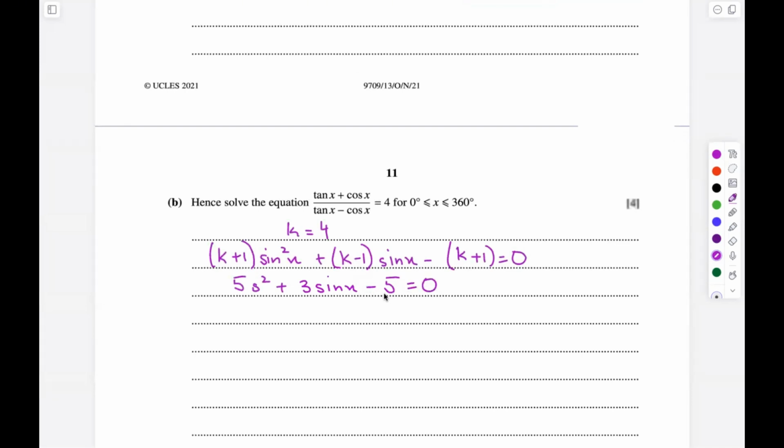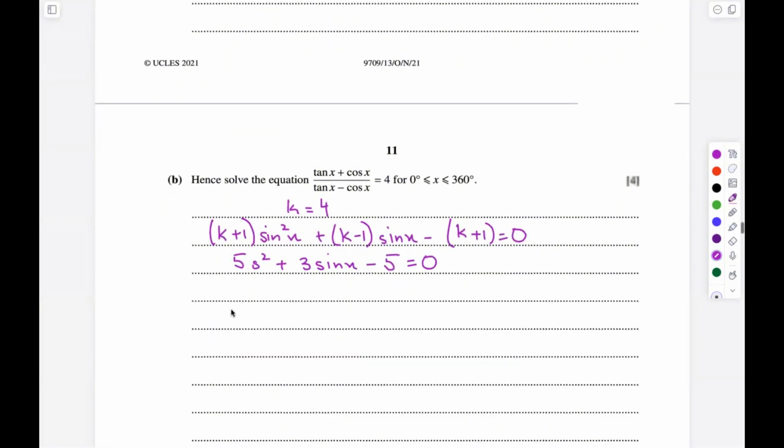Now we can try middle term breaking here, but as it cannot be applied, we'll have to use the quadratic formula. So sin x will be equal to −b, so −b is −3, ± √(b² − 4ac). So b² will be 3² − 4 × 5 × (−5), divided by 2a. So 2a will be 2 times 5.